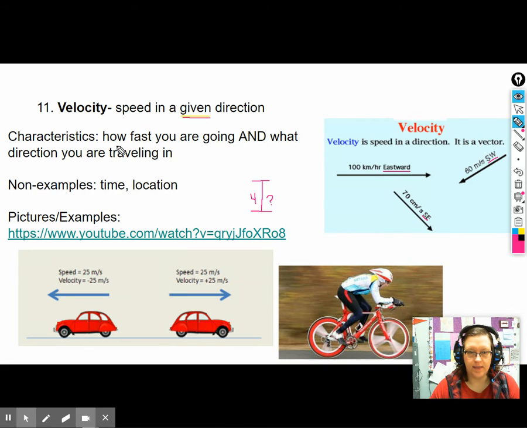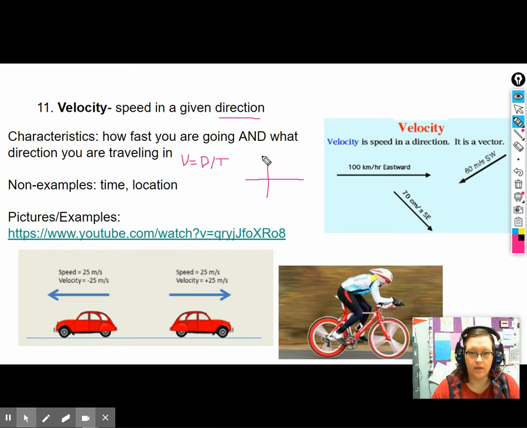So if it has a speed, how fast you are going, and what direction you're traveling in, then it is velocity. So in the characteristics, I would also add V equals D for distance divided by T for time, because you're going to calculate velocity the same way that you do speed, but you are adding a direction.